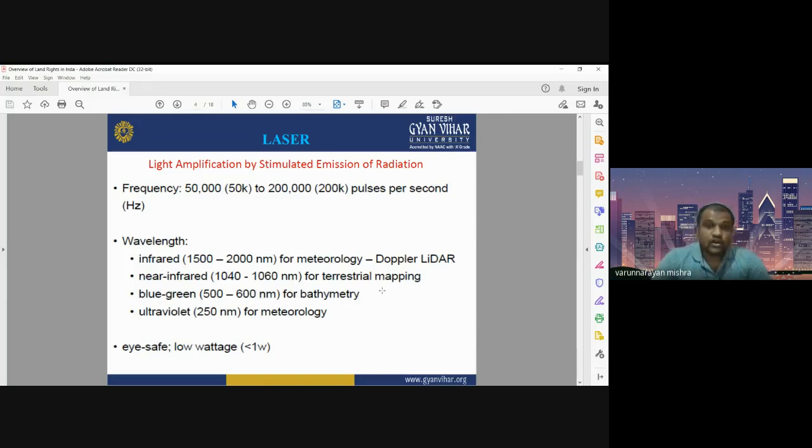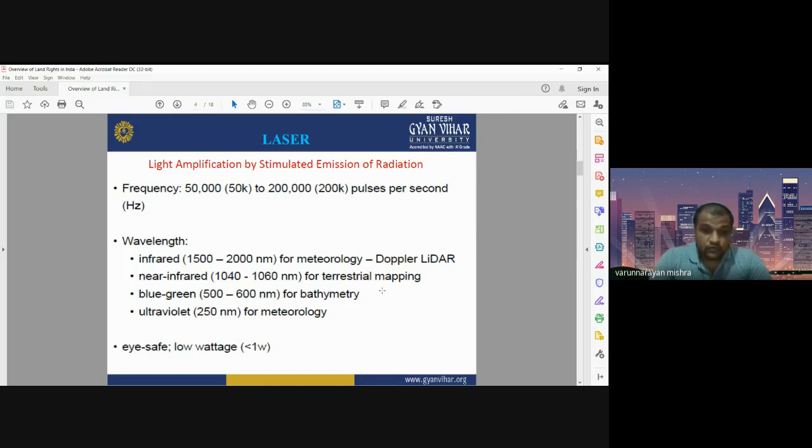If you want to study meteorology or atmospheric components, to have the application of lidar in meteorology, then we need the infrared portion of the electromagnetic radiation that we use in the Doppler lidar.